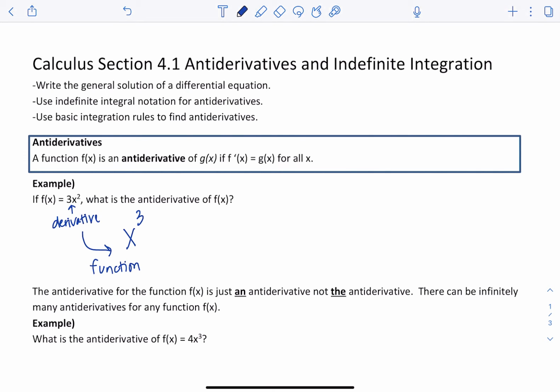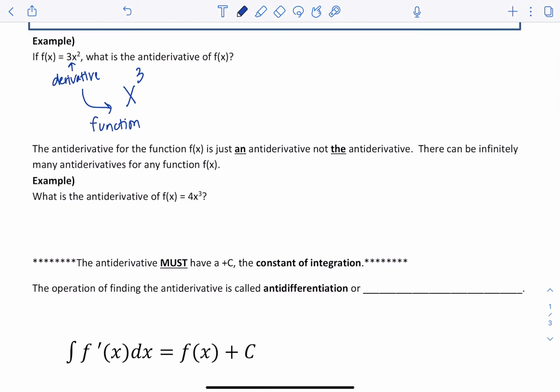Now, one thing about the antiderivative is this x cubed is just an antiderivative. It is not the antiderivative, because there's an entire family of functions that have a derivative equal to 3x squared.